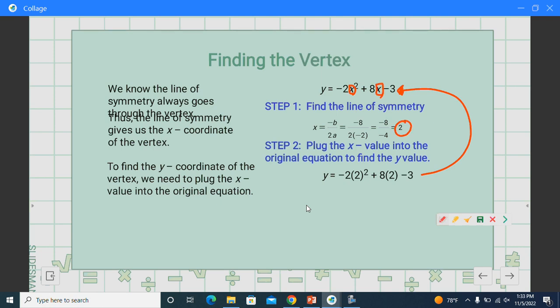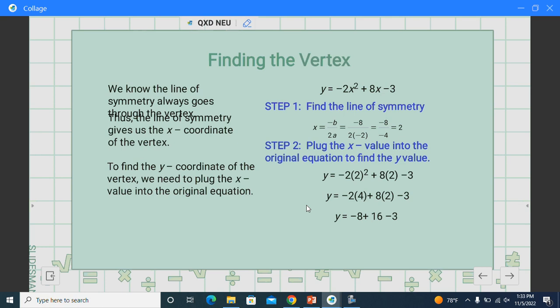Therefore, negative 2 times 2 squared plus 8 times 2 minus 3. So let's solve the problem. Exponent first, 2 to the power of 2.